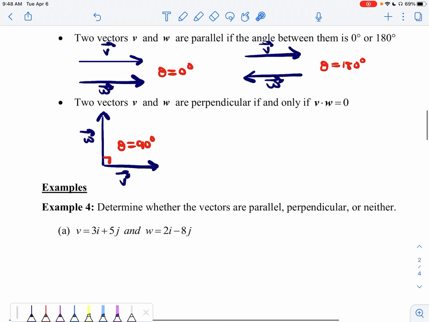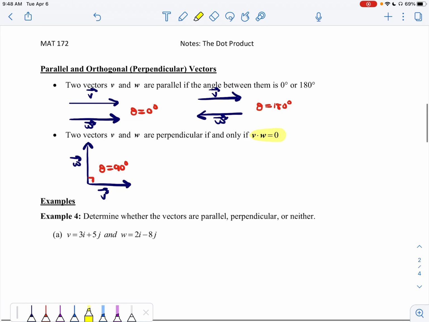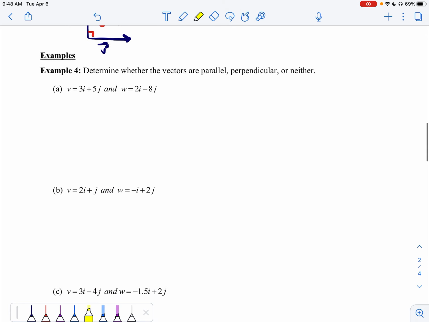Now, one thing interesting here is that this will only happen if the dot product of our vectors is equal to 0. So if the dot product comes out to 0, then the two vectors are always going to be perpendicular to one another. All right, so let's take a look at a couple examples.